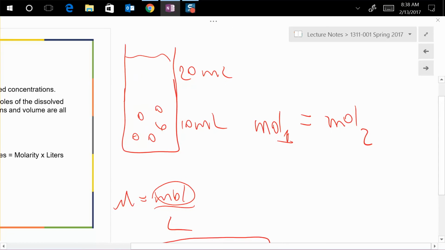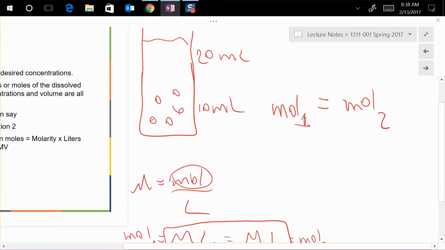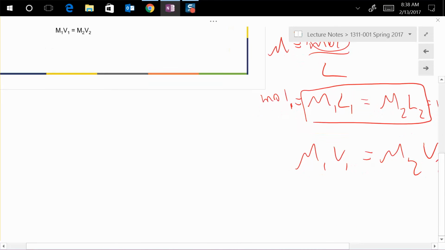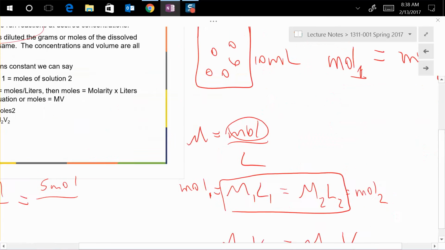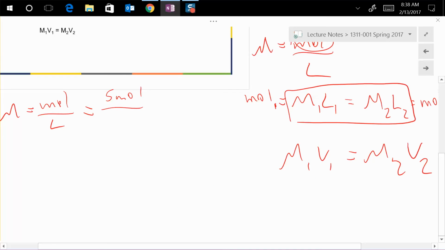Okay, we have 5 moles in 10 milliliters. So what is the molarity of that, let's say? Molarity equals moles over liters. The molarity of that is 5 moles, and we had it in 10 milliliters, so it's 0.01 liters.